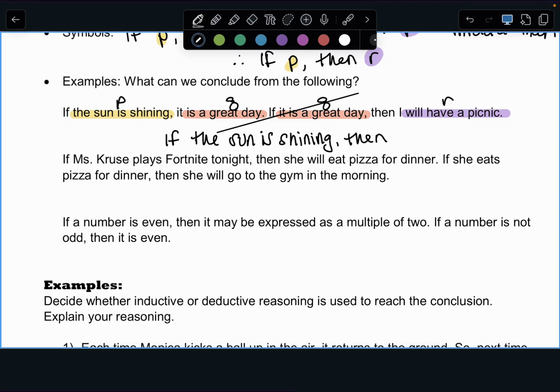We ignore the great day. What happens at the very, very end? We're going to have a picnic. So again, law of syllogism, we cut out the middleman.